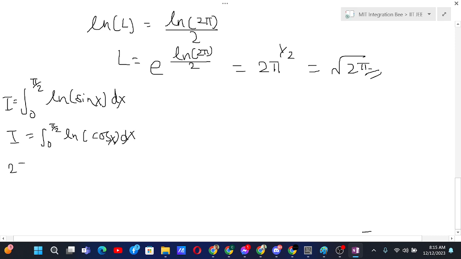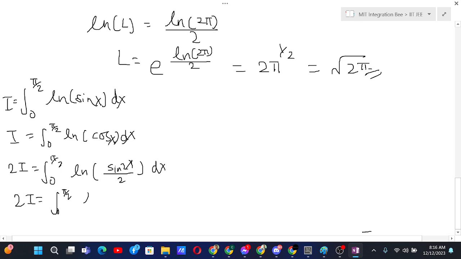Now, you can add these two integrals to get integral from 0 to pi by 2 of ln sin x plus ln cos x, and the sum of ln's is just ln of the product. So that's sin x cos x, which is sin 2x by 2, dx. Now our 2I will be integral from 0 to pi by 2 of ln sin 2x minus integral from 0 to pi by 2 of ln 2 dx.